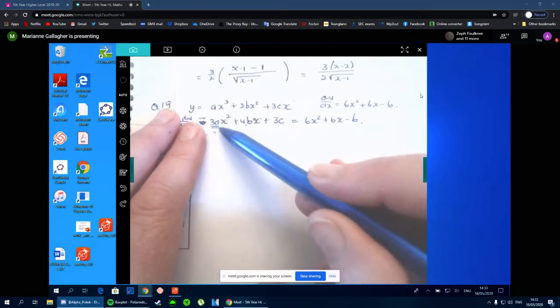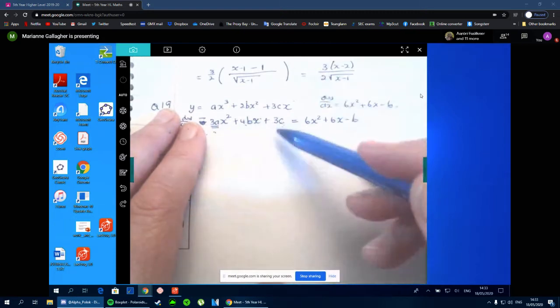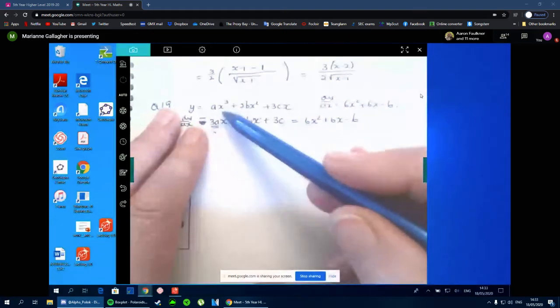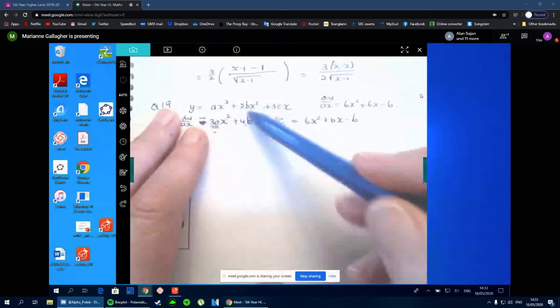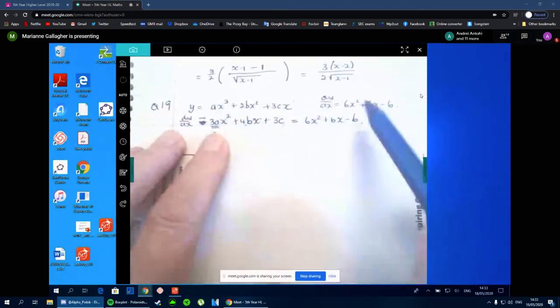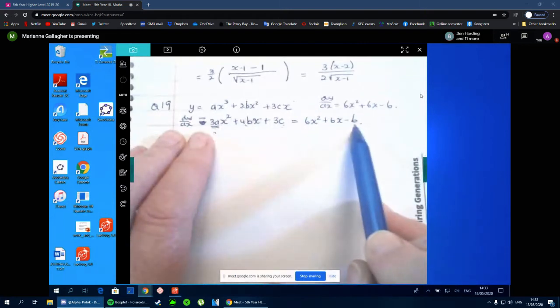Okay, so constants, other letters apart from x, you multiply, add, subtract, divide them just like numbers. So 3a, 2 by 2b is 4b, and 3c by 1 is 3c. And we're told that that is equal to this. So you write down that dy/dx is also equal to this.